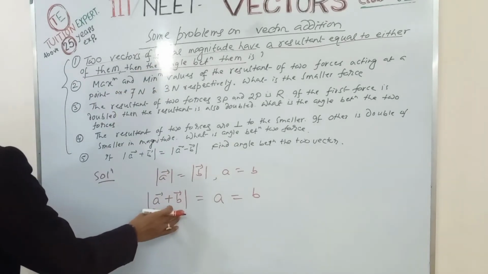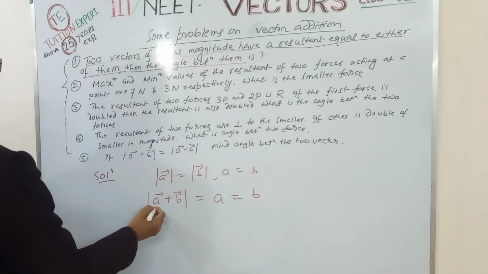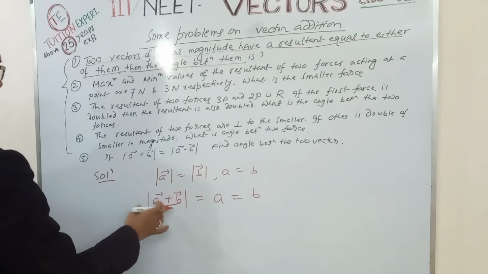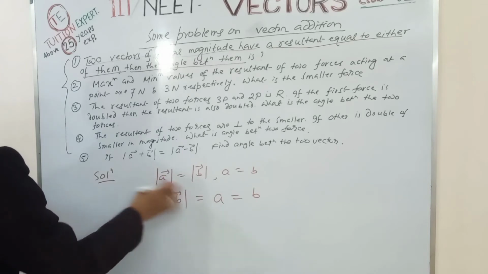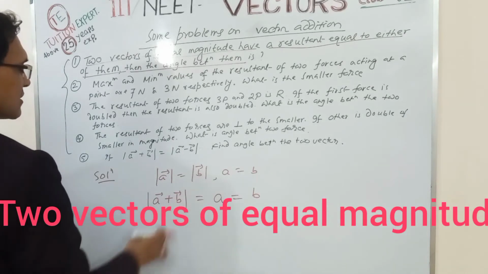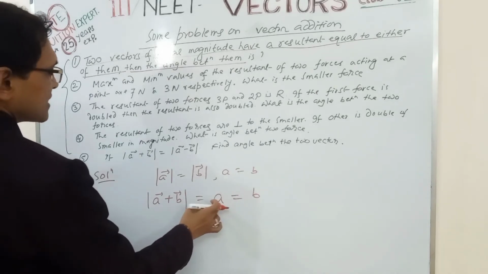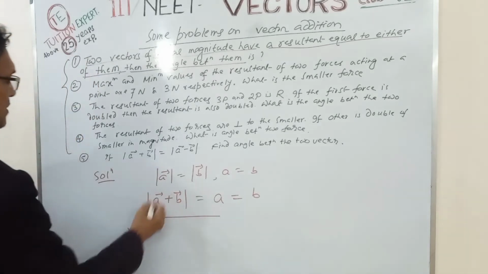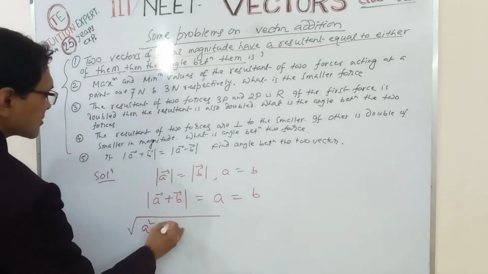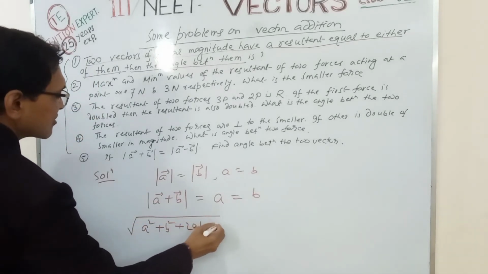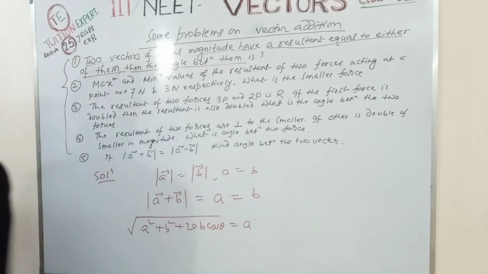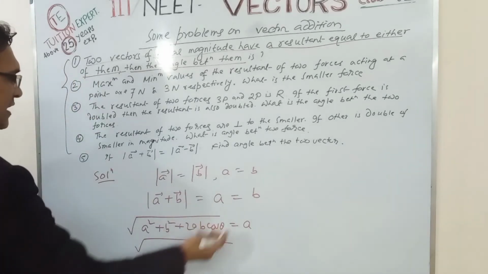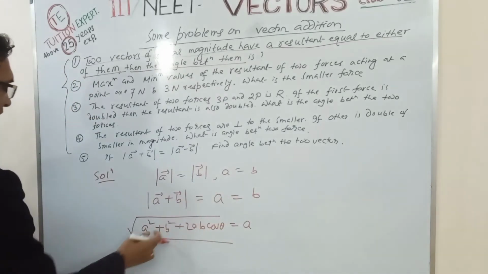The resultant of the two vectors a and b is a plus b, and the magnitude of the resultant is mod of a plus b. This is equal to either of the two vectors, that is a equal to b. Now we use the formula for mod a plus b. We can write b equal to a here.